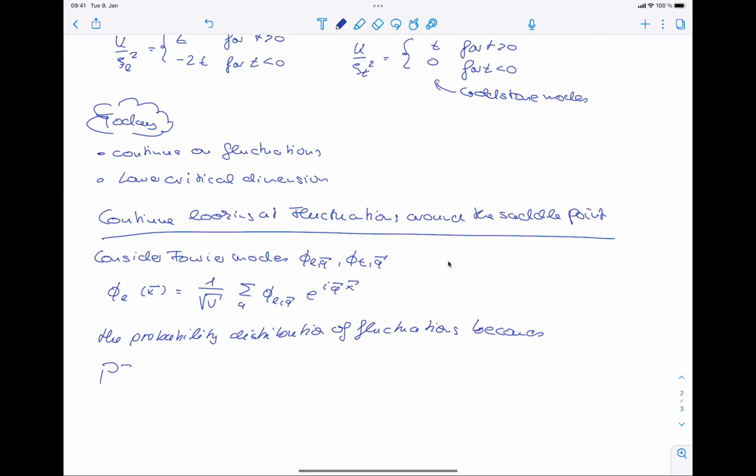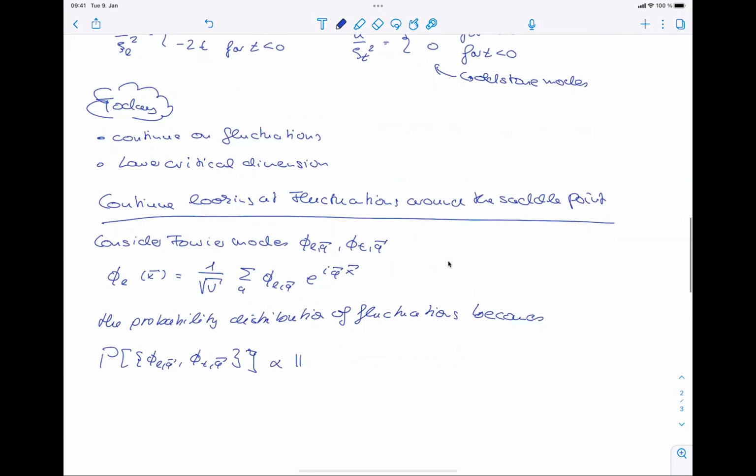So the probability distribution, which now depends on the Fourier modes of the transversal and the longitudinal modes, where I'm neglecting a constant prefactor, is then a product, because the sum went into an exponent.